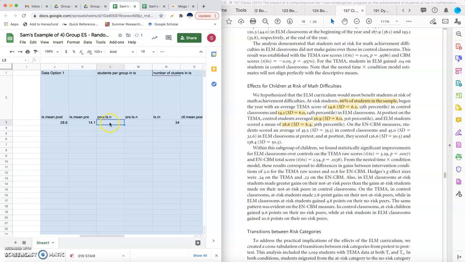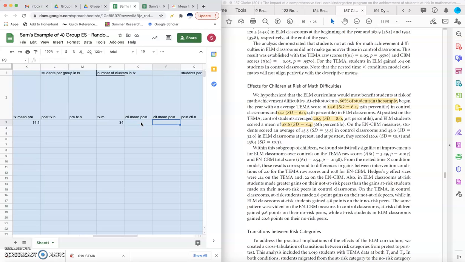And then this is where I'm looking for the number of students per group. I don't have that yet, so I'm going to go ahead and fill in the control data that I do have. So the control mean of the post-test in control, let's see, post-test, the control students had 26.9.